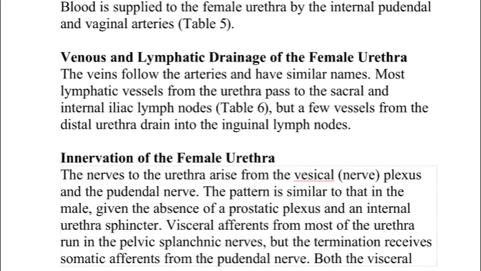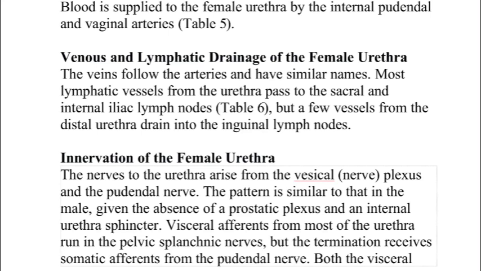The venous blood from the female urethra drains into the internal pudendal and vaginal veins. Most lymphatic vessels from the urethra pass to the sacral and internal iliac lymph nodes, but a few lymphatic vessels from the distal urethra drain into the inguinal lymph nodes. Of course, those ones are in the perineum.